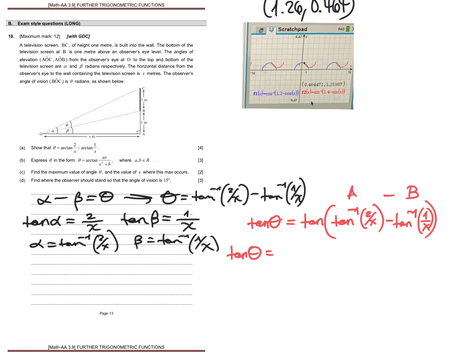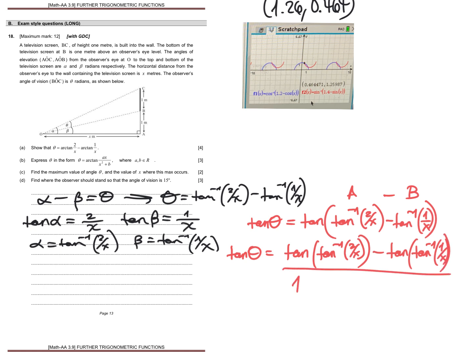So this is going to be tangent of a minus tangent of b, over 1 plus tangent a tangent b.